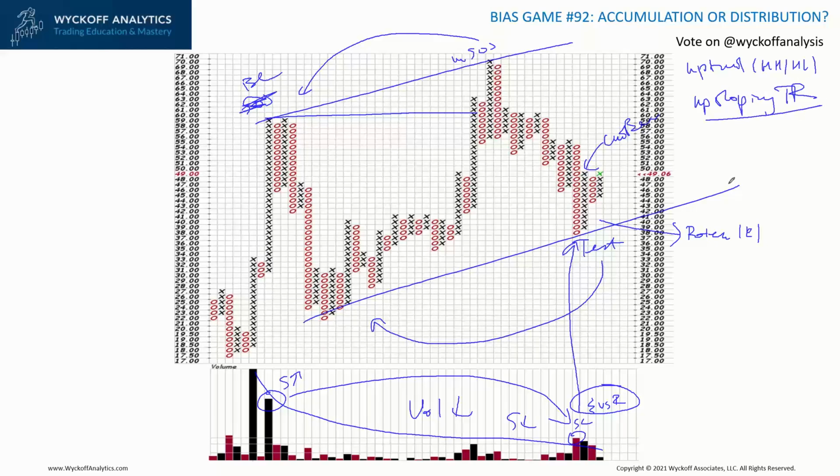What is the main deduction that we could make about the bias? Bullish, bullish, bullish. Yeah. So this is how quickly we could solve this bias game. Obviously, we are doing this collectively, right?